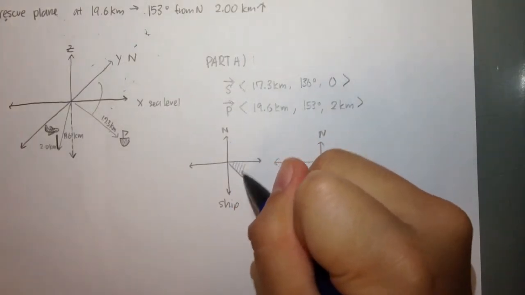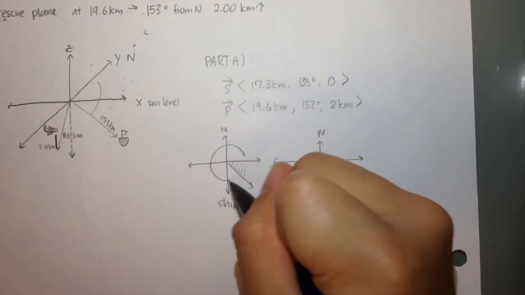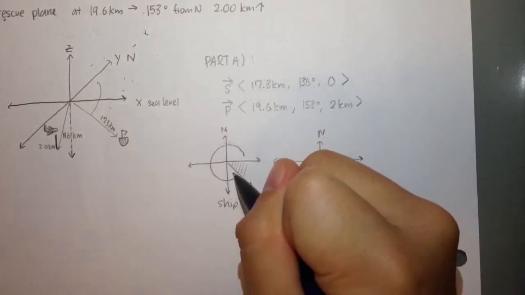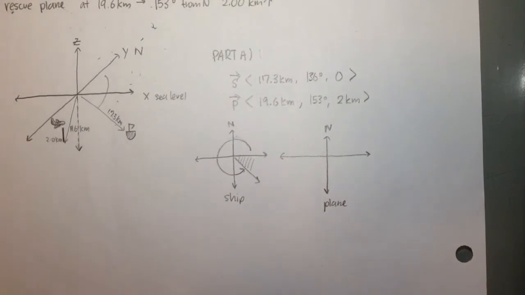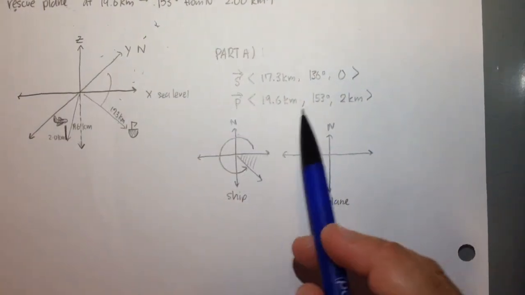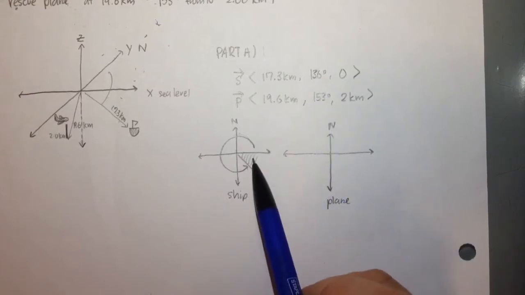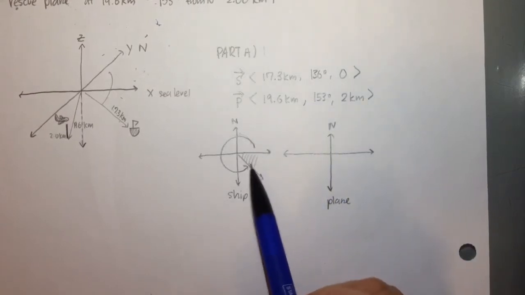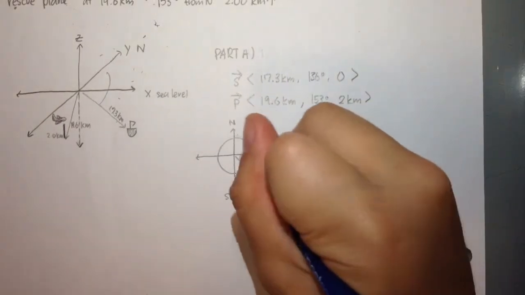We want to find this angle so that we know what this angle right here is. And this big angle is what we're going to be using for our calculations. So if you do 136 degrees minus 90, you find this one, and then 360 minus this angle is approximately 314 degrees.